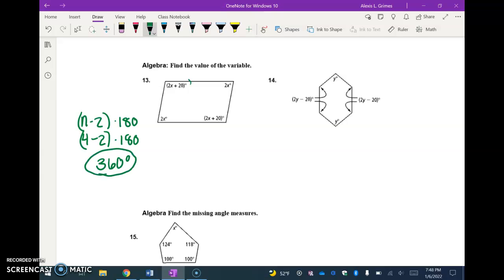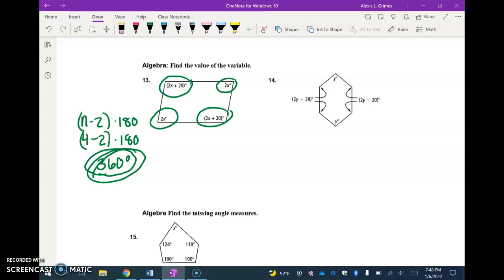That means this angle, this angle, this angle, and this angle all together need to give us our 360. If we're putting them all together, what operation is that usually? If they were just numbers, you would know. If this was 30, 100, you just add them together, right?